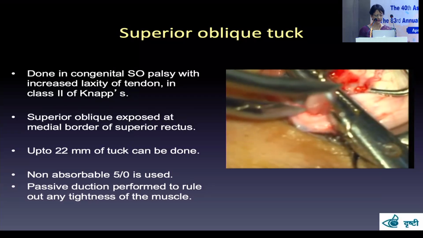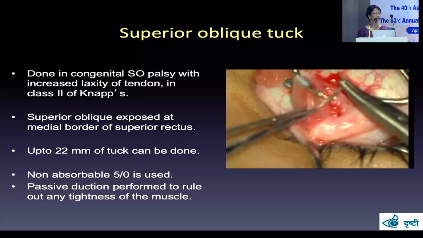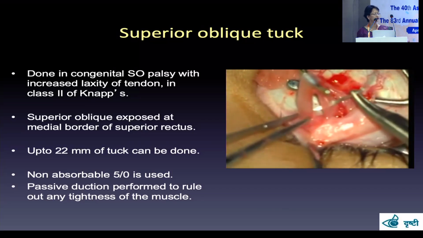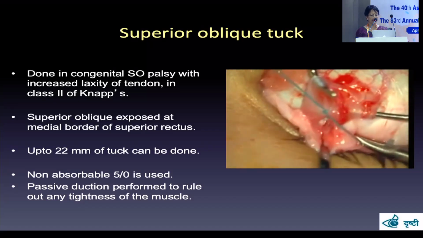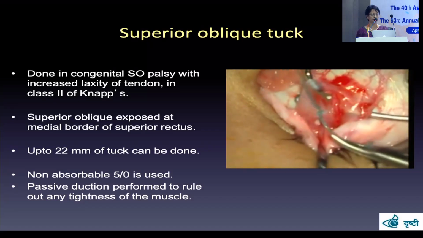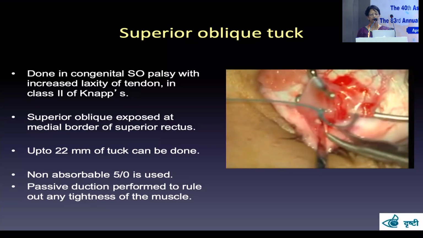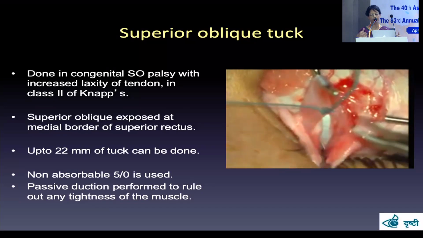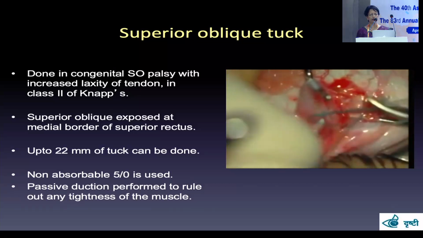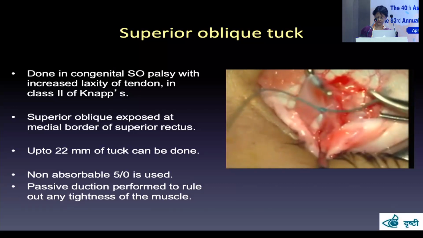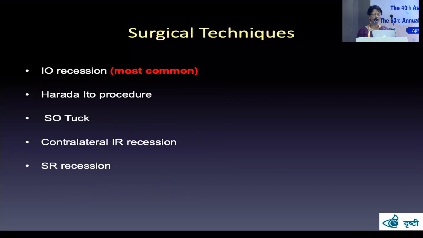Non-absorbable sutures are used to suture the tuck, and I generally leave the apex unsutured. At the end of the surgery, one should do a forced duction test to see that the eyeball is going beneath the midline, so we are not creating an acquired Brown's. So this is how the surgery goes.